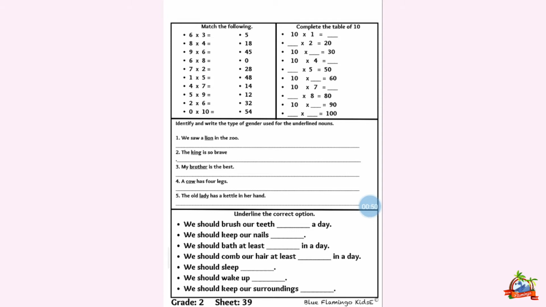Like 6 3s are 18. So you will match it with 18. 8 4s are 32.